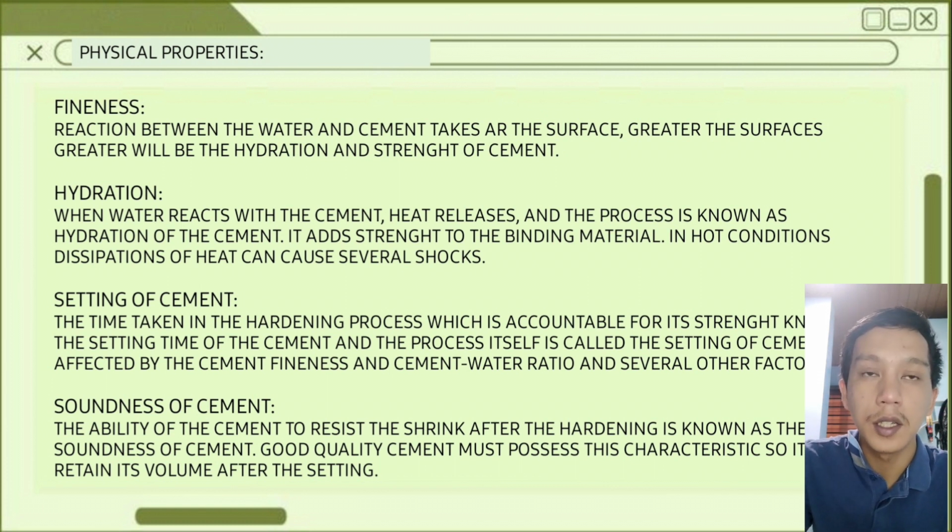So this definition that I have read to you is just the effect when you are testing for the fineness of cement. But in simpler terms, fineness can also be defined as the size of the particles of cement, o ito yung pagkapino ng isang semento.